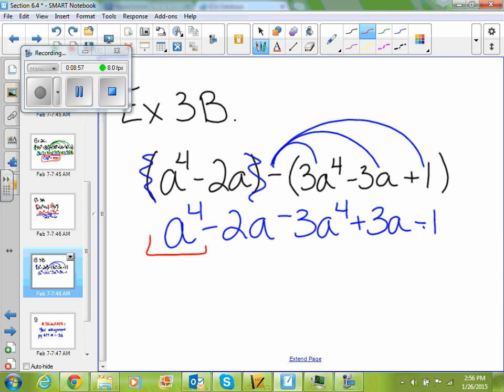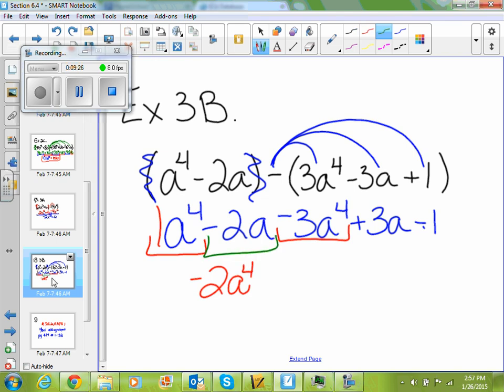Starting with my a to the 4th, it's 1a to the 4th. What can I combine with that 1a to the 4th, Niles? Which one? I don't know what you're pointing to. Negative 3a to the 4th. Okay, and what's 1 minus 3? Negative 2a to the 4th.